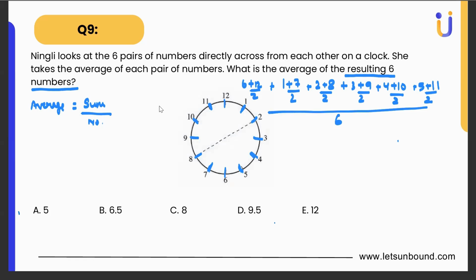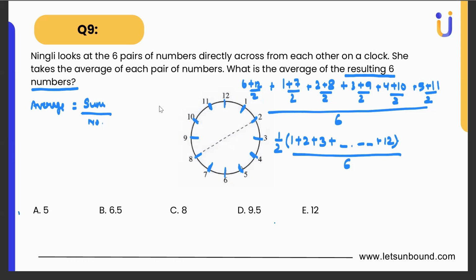Now, one thing I can do as a strategy here is take out half common from all the numbers, because I know half will be divided by to find out the average in each case. What I'm left with in my bracket is nothing but the sum of numbers from 1 to 12. And if this is the sum from 1 to 12, I have it's basically half times the sum of numbers till 12 and divided by 6.